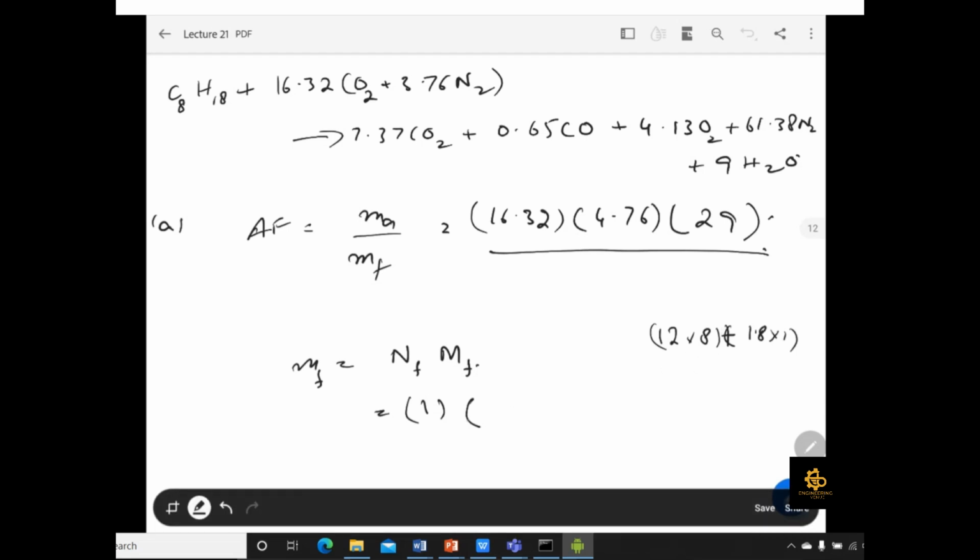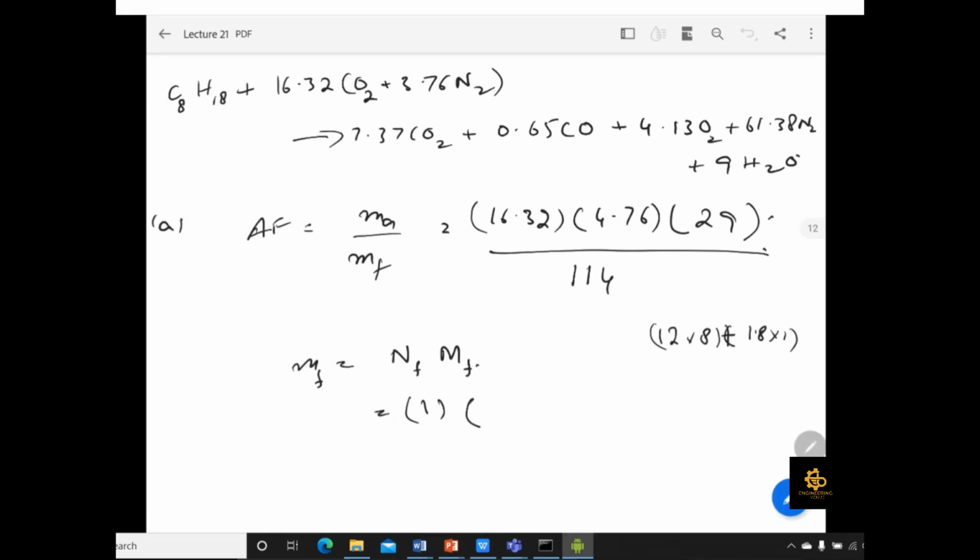If anyone calculates it, it will be equal to 114.